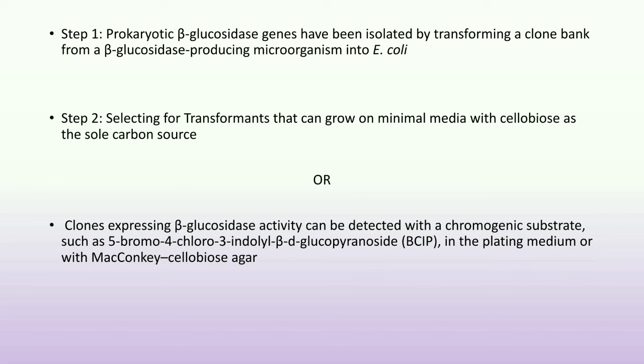This BCIP is included in the plating medium or with MacConkey's or cellobiose agar. If beta glucosidase enzyme is present, the colonies will turn red due to the presence of the chromogenic substrate BCIP in the medium.